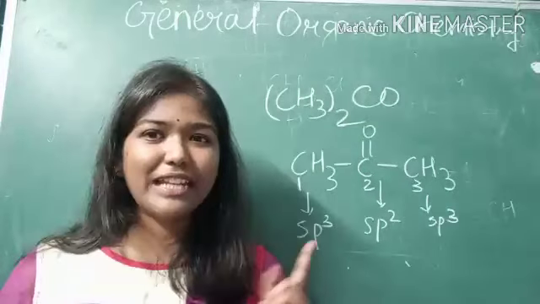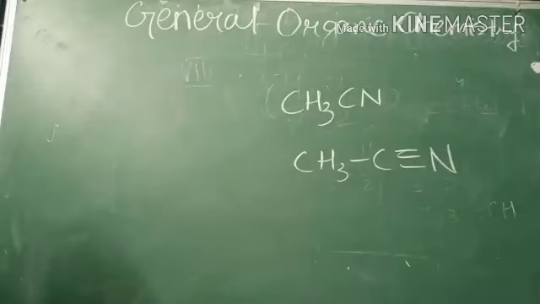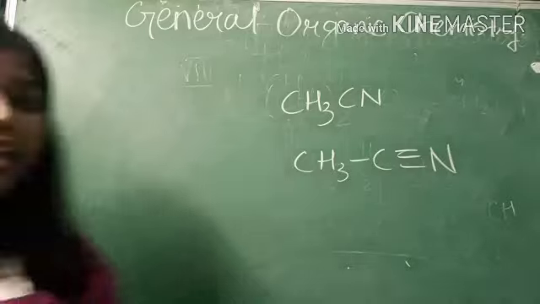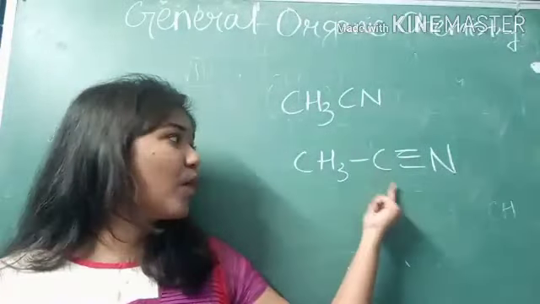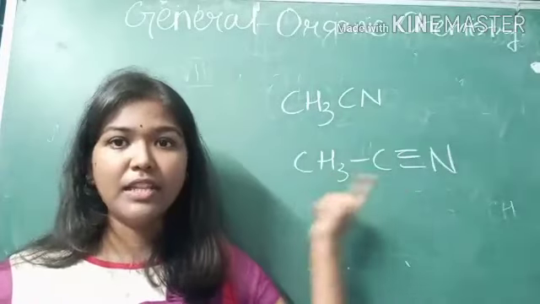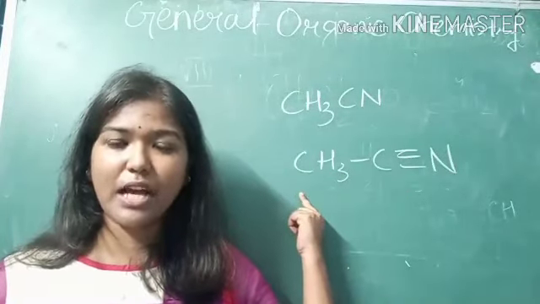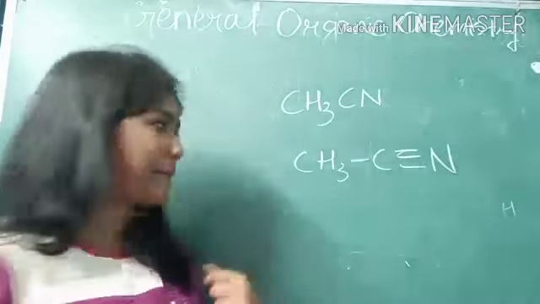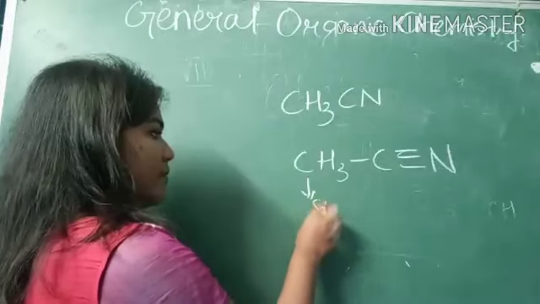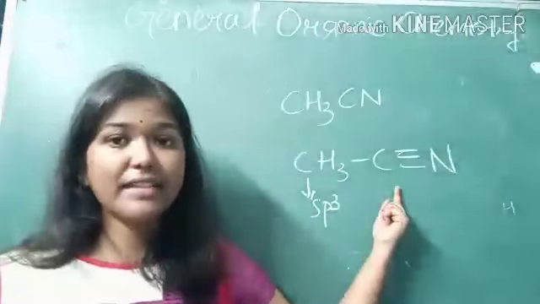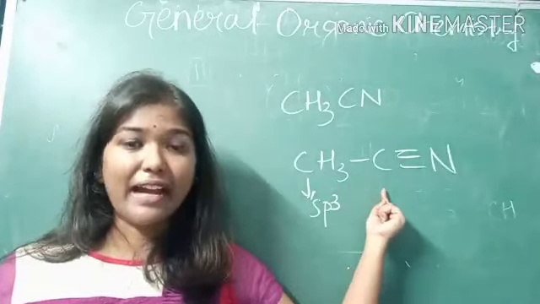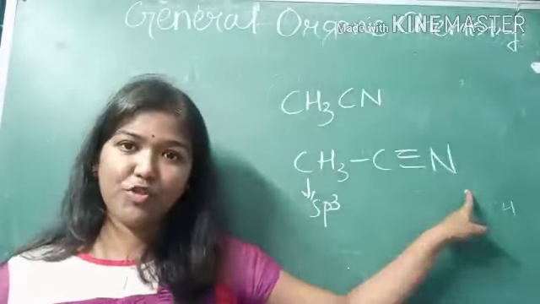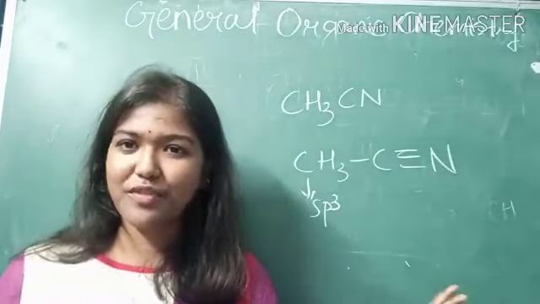Now we will go for the last question. So this is our last question. This carbon has got 3 sigma bonds with hydrogen and 1 sigma bond with 1 more carbon. So the hybridization of this carbon will be sp3. Whereas this carbon has 1 sigma bond with this carbon and 1 sigma bond with nitrogen and 2 pi bonds with nitrogen.